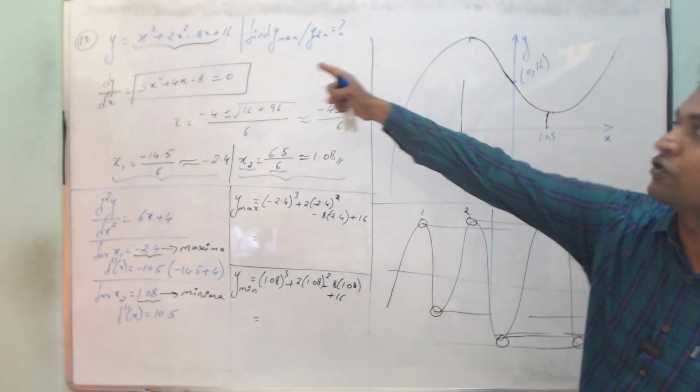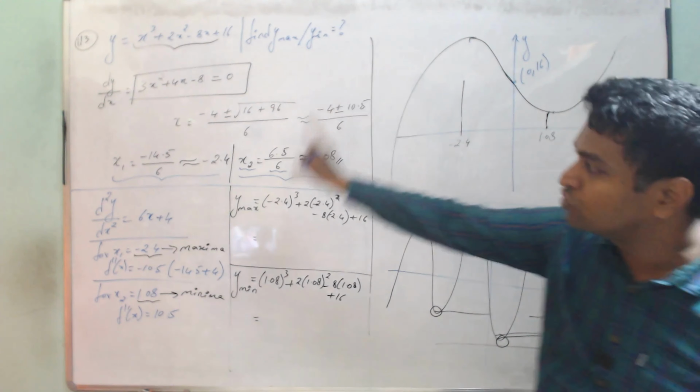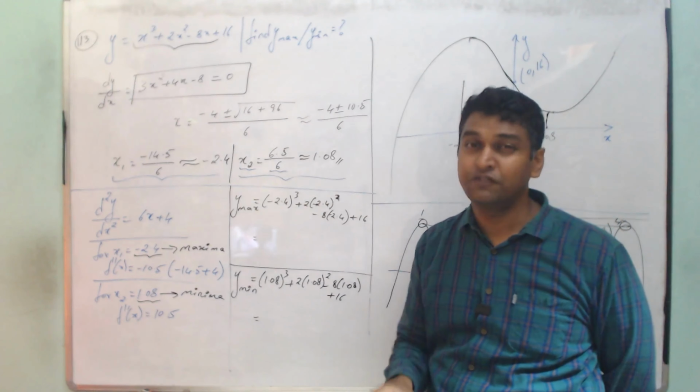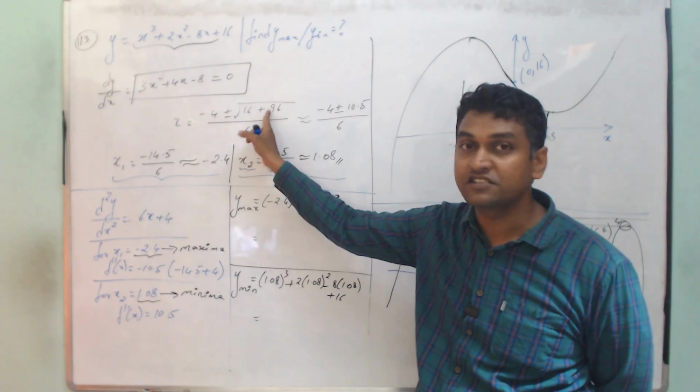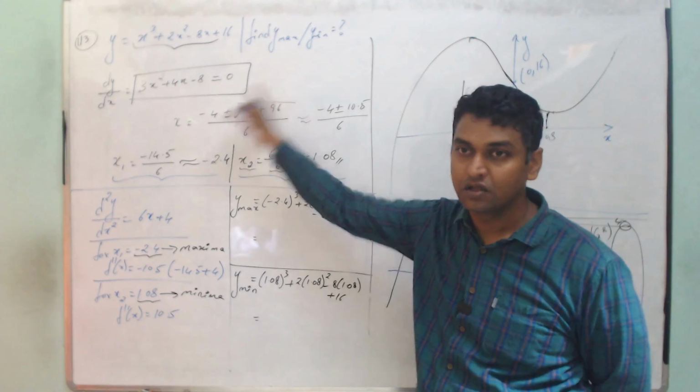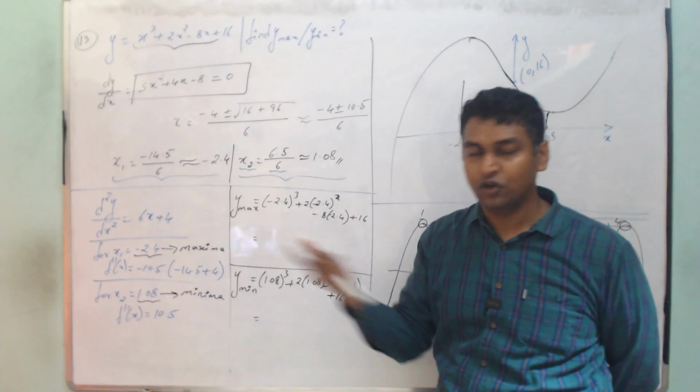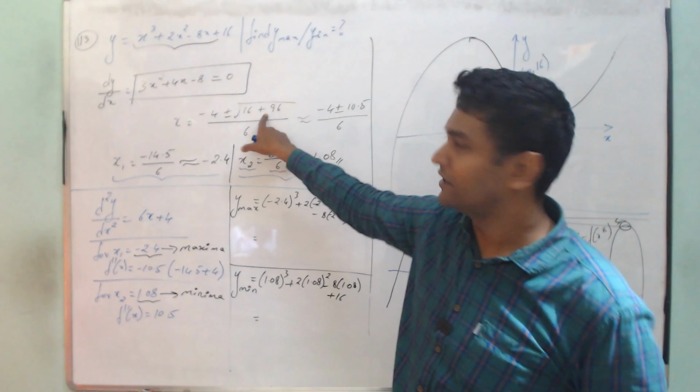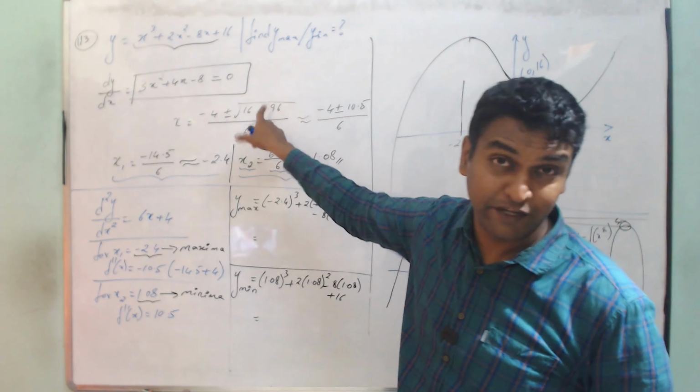For this particular x to the power 3, you will get two values of x if the determinant is greater than 0. You have solved in your school where the determinant becomes less than 0 and we call it imaginary roots.